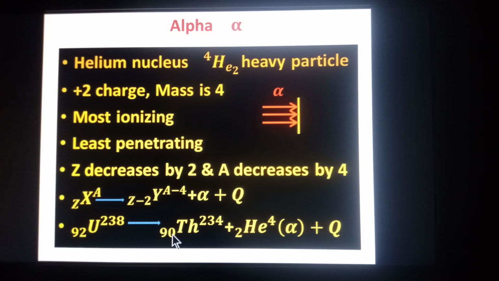A new element is formed with Z number 90 and mass number 234 with the release of an alpha particle or helium nucleus plus energy. So this is all about alpha particles.